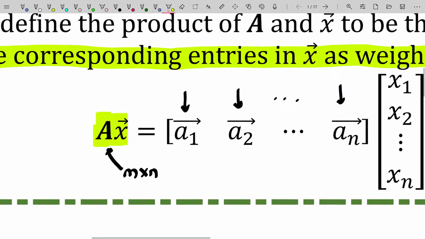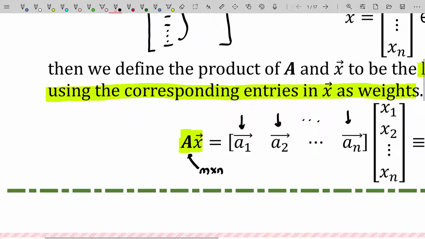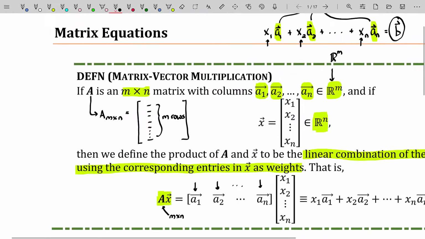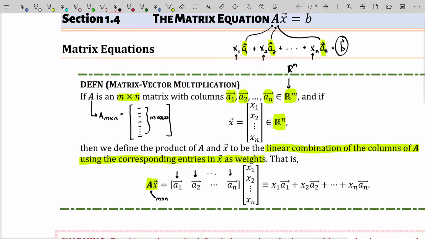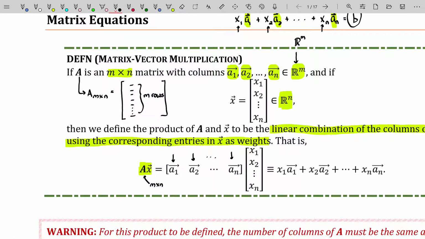That's our matrix A, and there's our column vector x. Notice it's nice and written out as a column vector. I didn't write it as, for example, a bold x, because I wanted to showcase something. And remember what the definition is saying? It's saying that the product will be a linear combination of the columns of A using the corresponding entries of x as weights.